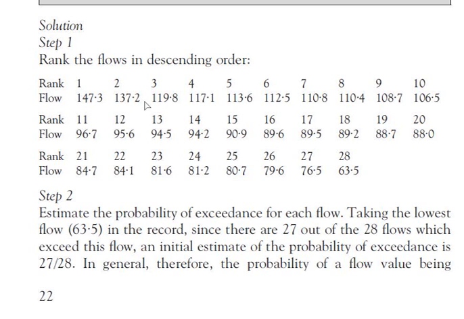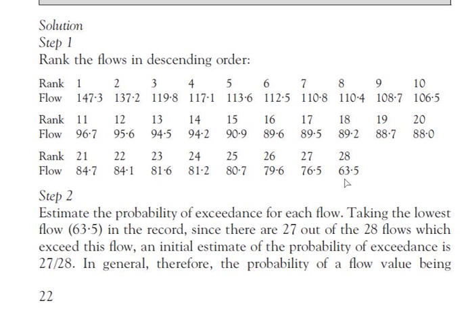I very briefly mentioned this in class unit 2. So this has just taken that data set, and instead of the years along the top, we put rank from 1 to 28, and then we've ranked the flow data in descending order. So number 1 is the highest flow, right down to number 28, the lowest flow.